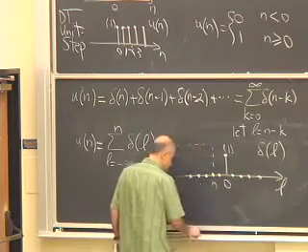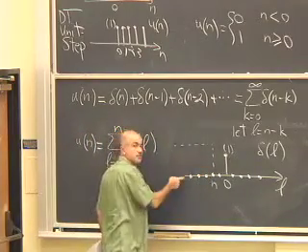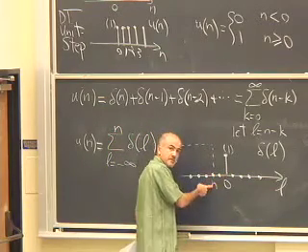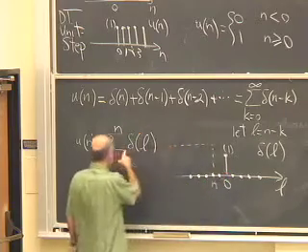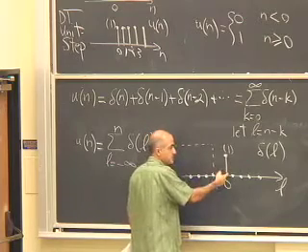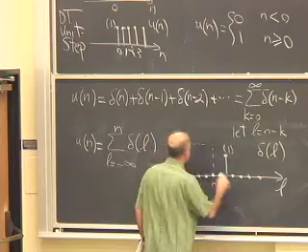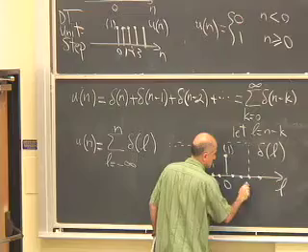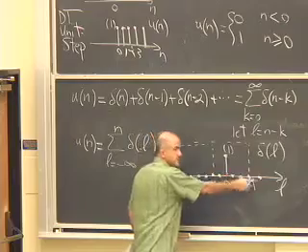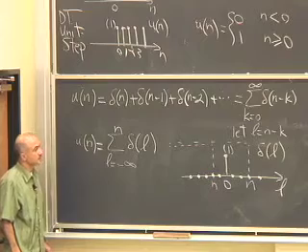And you can see that when you view the unit step in this way, if n is less than 0, you're summing a whole bunch of zeros, so you get a 0. The first value of n for which this summation becomes non-zero is n equals 0. At that point, when I sum from minus infinity to n, what do I get? 1. And then after that, what do I get? 1, because I'm just adding more zeros to it. So that's exactly the definition of the unit step. So this is how they're related.